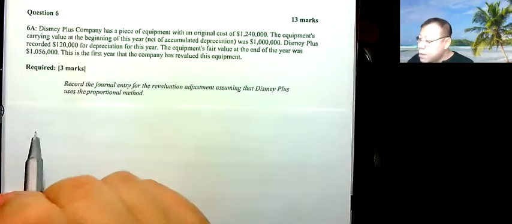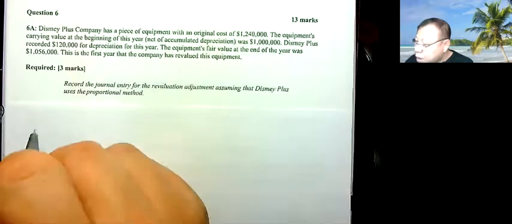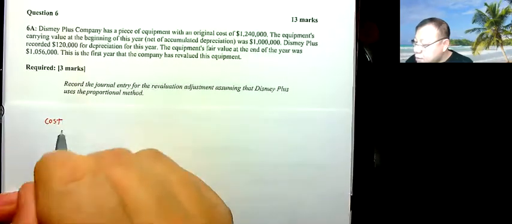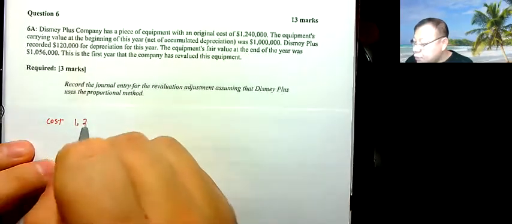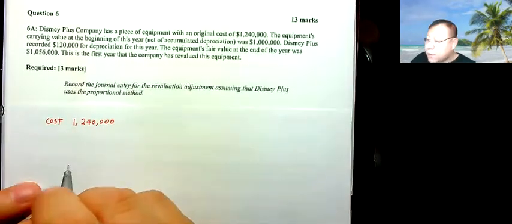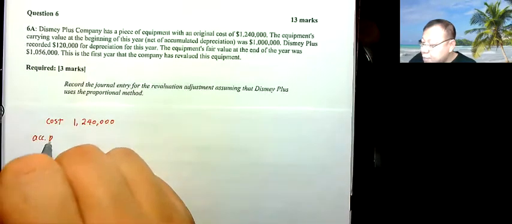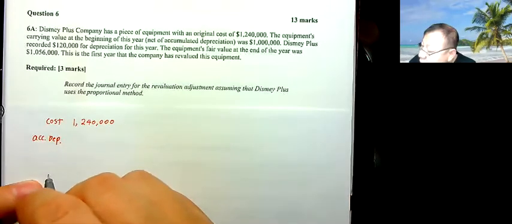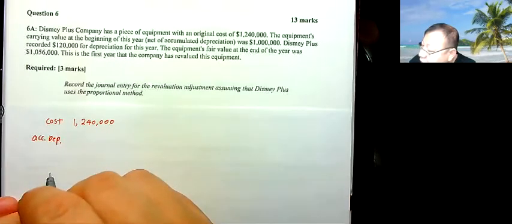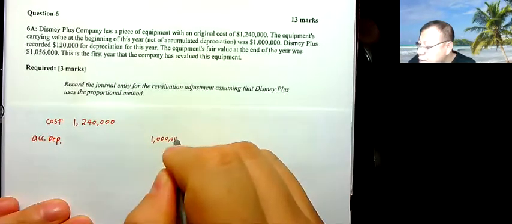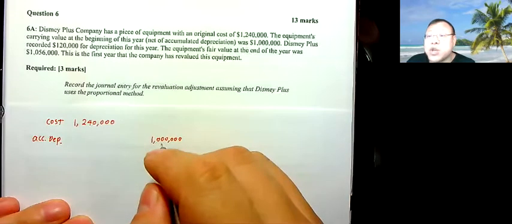Okay, so the cost of the equipment, that is 1.24 million. For the cumulative depreciation account, we know that the net carrying value at the beginning of the year is 1 million.